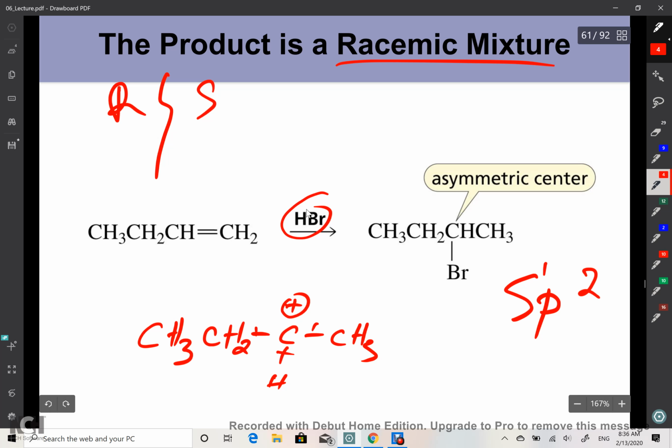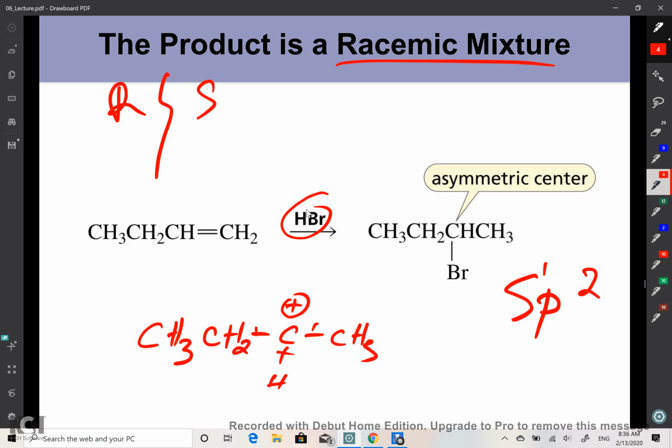That's the meaning of sp2. S1p2. 1 plus 2 gives you 3. Does that make sense? That's the way I remember it without memorizing it. So I have 3 bonds. So that's an sp2. Chem 201. What is the geometry of an sp2? If you have a hybridization sp2, what is the geometry?